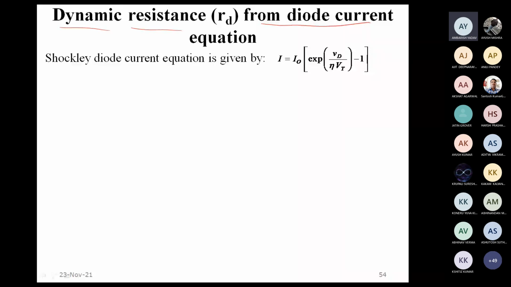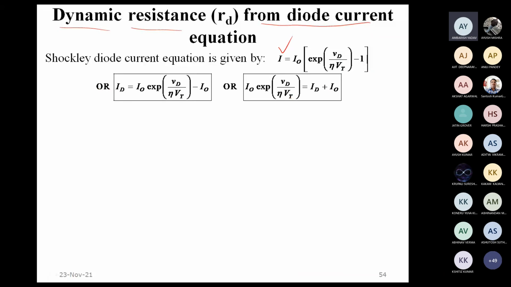So starting from the Shockley diode current equation, we can define this dynamic resistance as change in the voltage divided by change in the current. Also we can define this as 1 upon change in the current divided by change in the voltage.